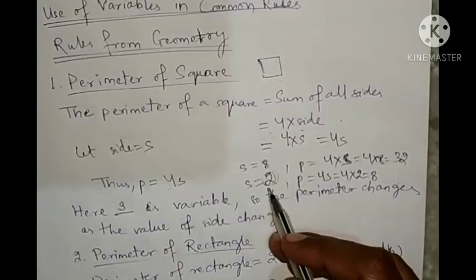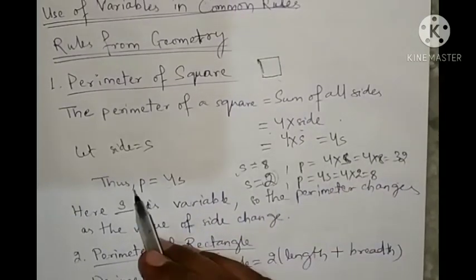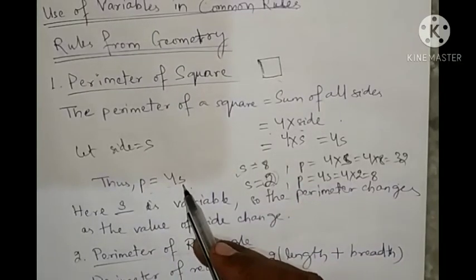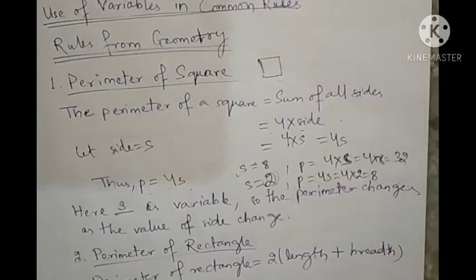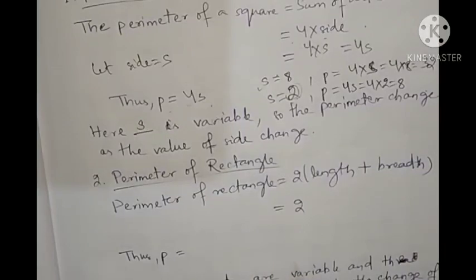It is not constant, not fixed, it is always changing. So the perimeter of a square we can write as 4S, where S is a variable, and S is the side of the square.